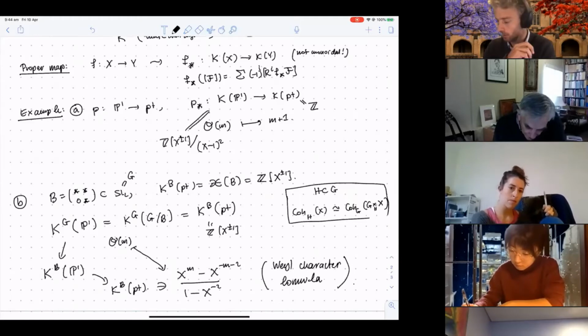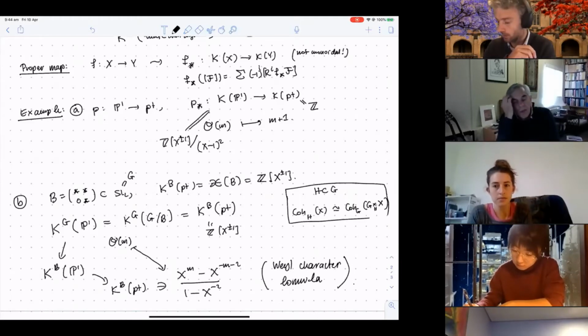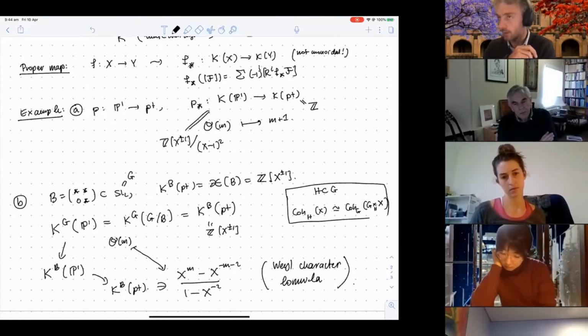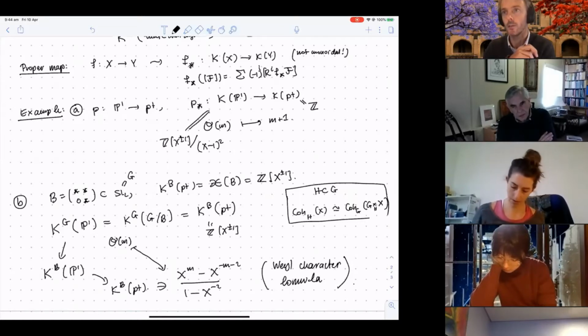The punchline is that the Weyl character formula can be understood as a map from equivariant K theory of G mod B to equivariant K theory of a point in general. Yes. And you chase through what happens to a character of an irreducible G representation, and you get some expression for it in the equivariant K theory of a point, and that's the Weyl character formula expression.